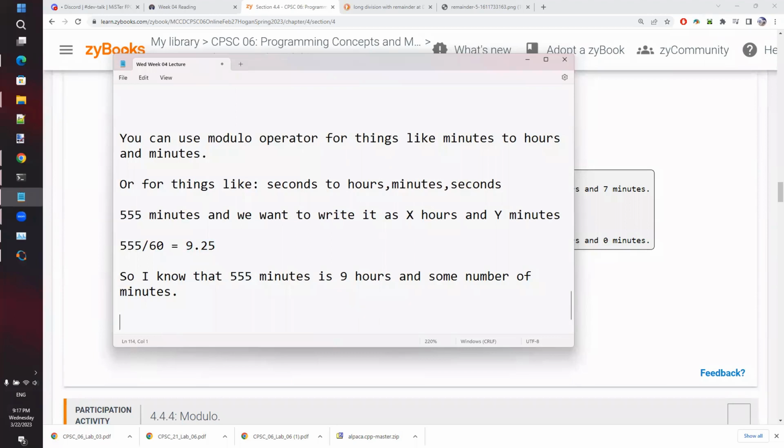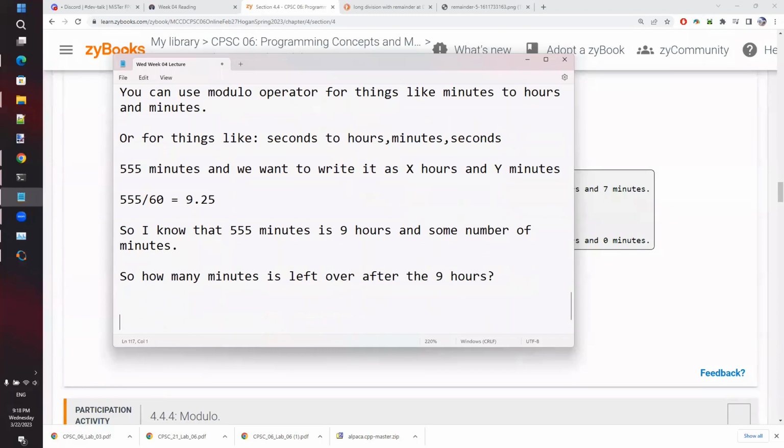So then what I do is I say, okay, well, how many minutes is left over after the 9 hours, right? The way you would calculate it generally is you would say, we have the 555 that we started with, and then we would have to subtract. We know that there's 9 hours, so we do 9 times 60 minutes per hour.